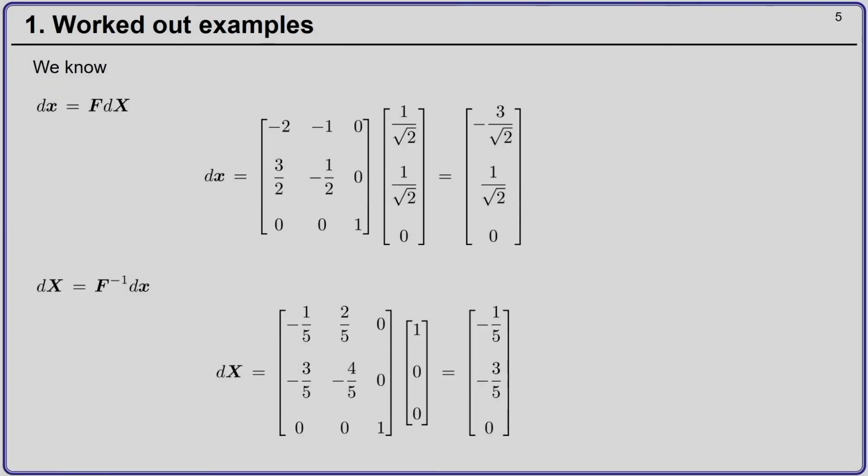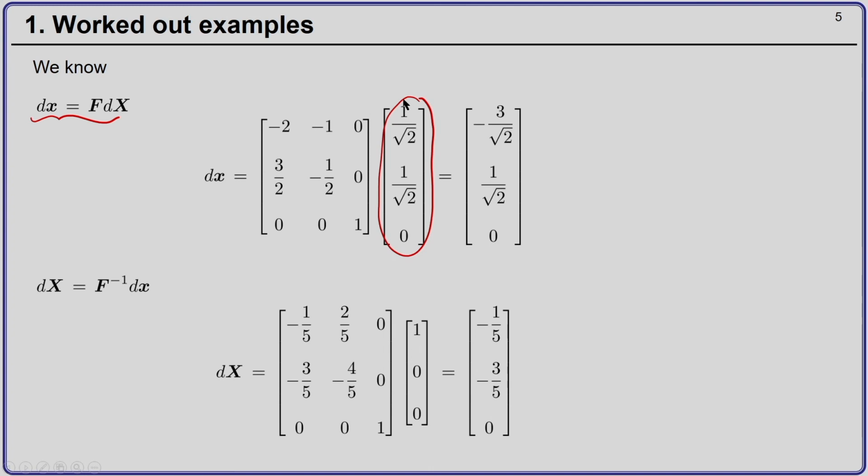So, first let us see how the line elements deform. We know that the spatial element dx is F times the material element dX, and dX is nothing but 1 by root 2, 1 by root 2, 0.